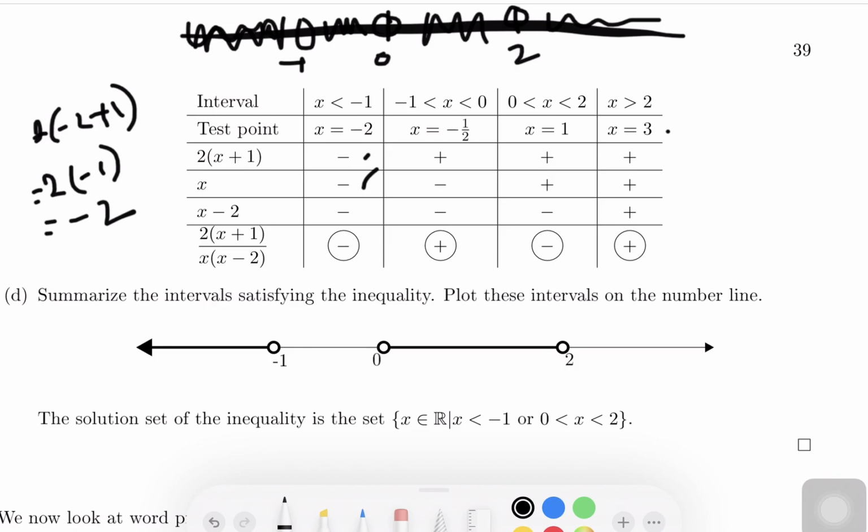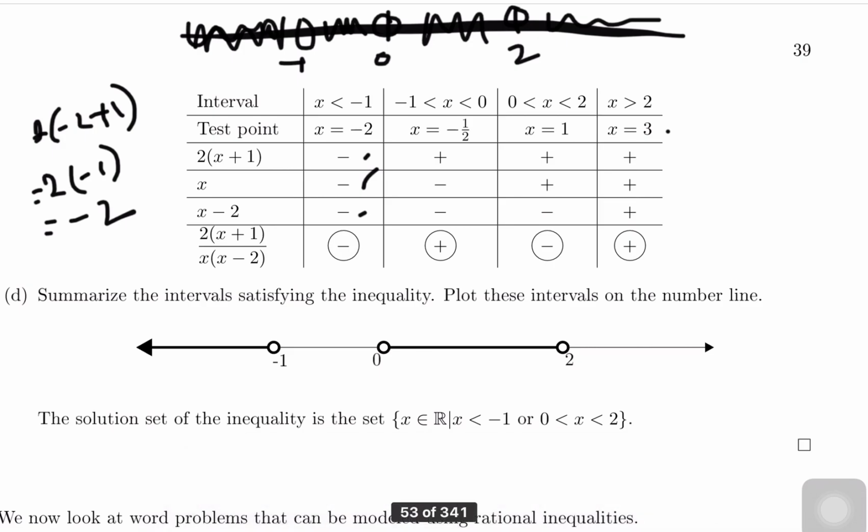And x minus 2: -2 minus 2 is -4, so negative. You can use your calculator, then just copy the sign. You substitute the values. Okay, so we have this table.